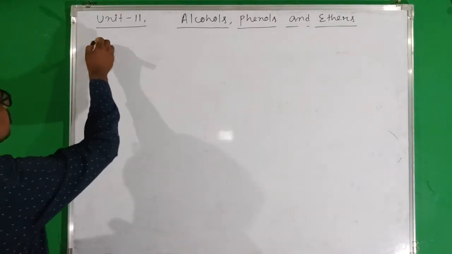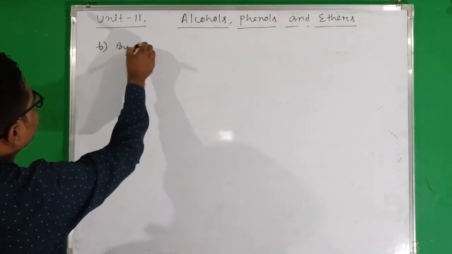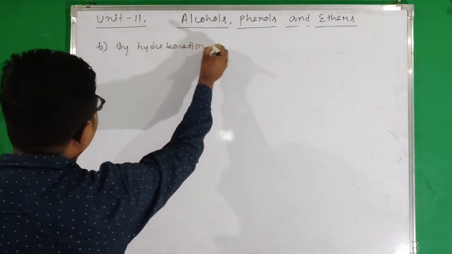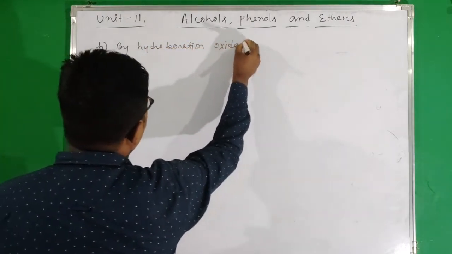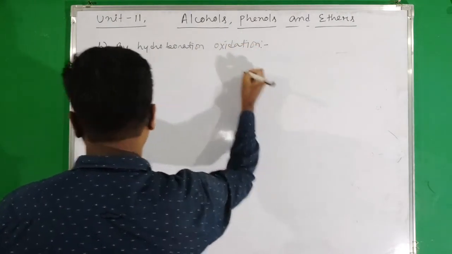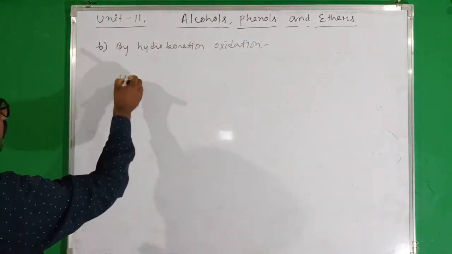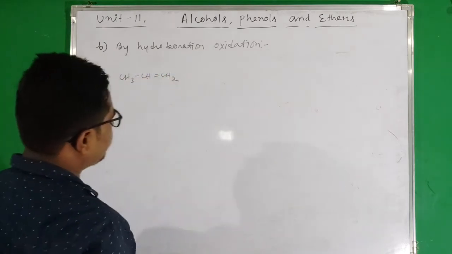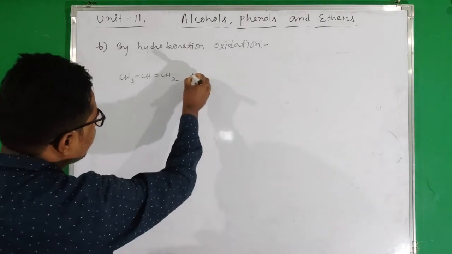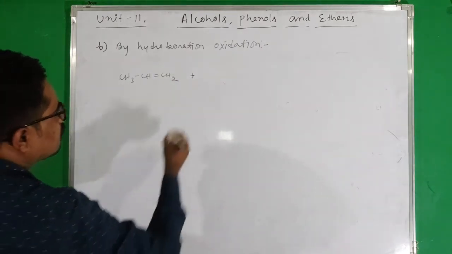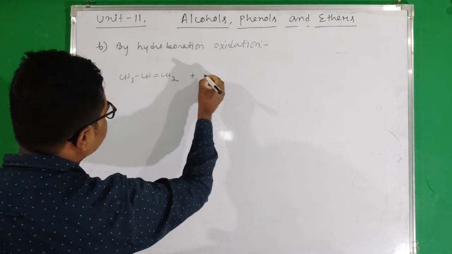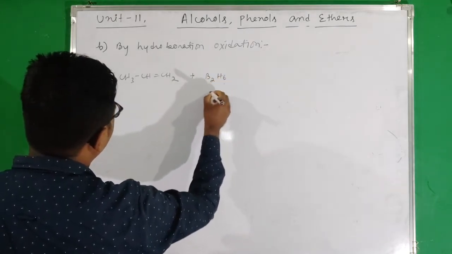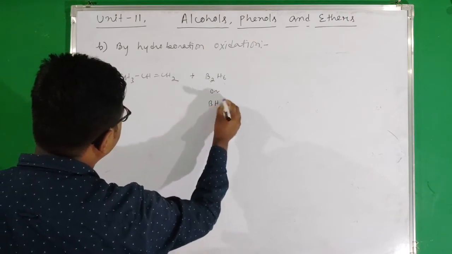So the next method is number B, by hydroboration oxidation. Okay, so in this method again alkene is used to prepare alcohol, and the alkene is used to react with diborane, that is B2H6 or BH3 twice.